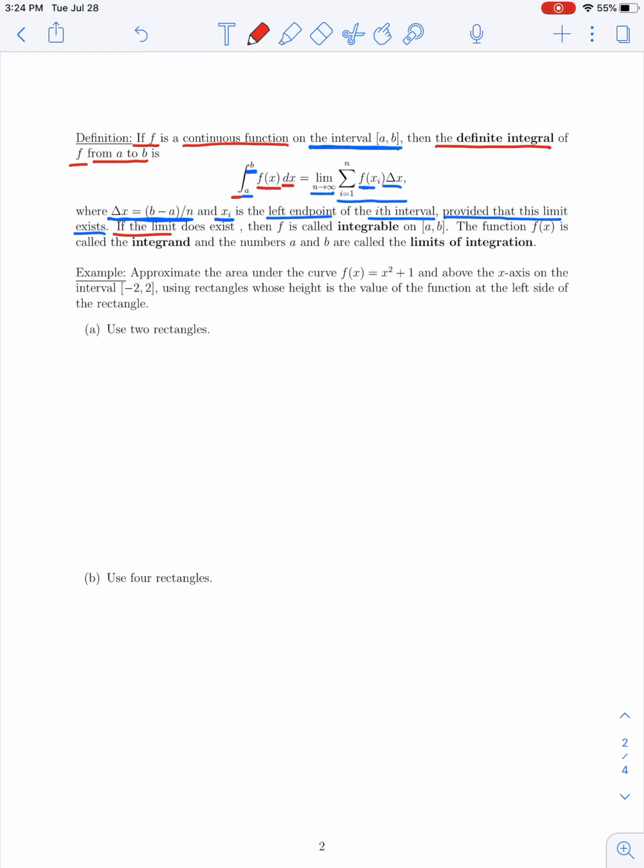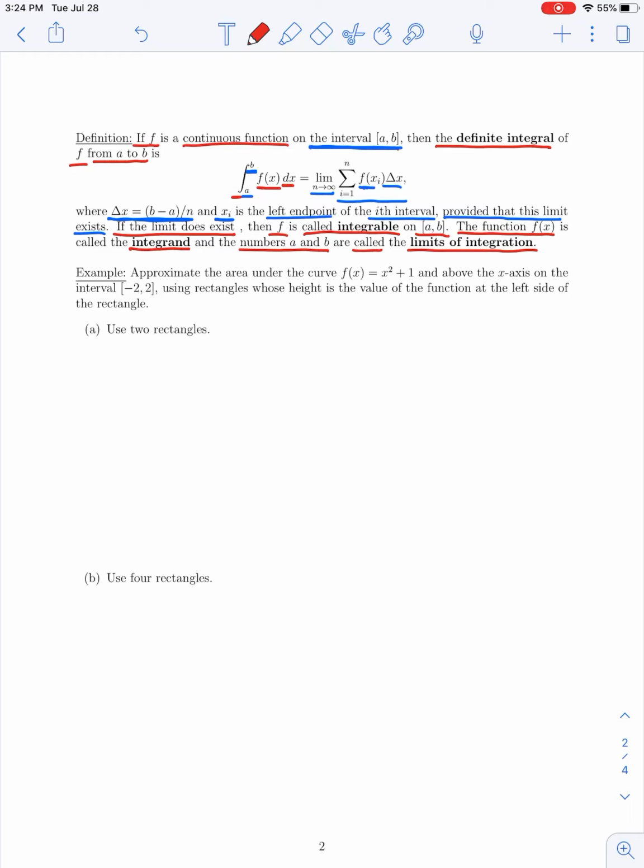We would say if this limit does exist, then the function f is said to be integrable over the interval from a to b. The function f of x that we're considering the area under is called the integrand, and the numbers a and b, those are the left and right endpoints of our interval, are called the limits of integration.